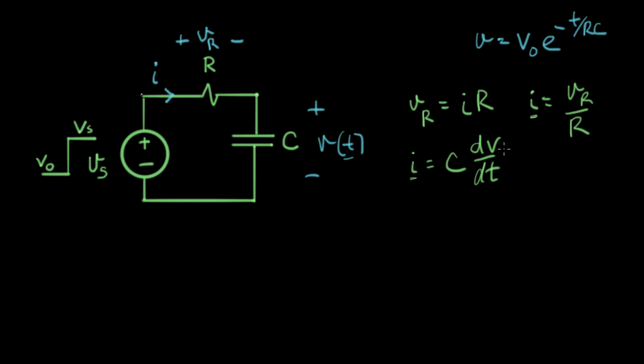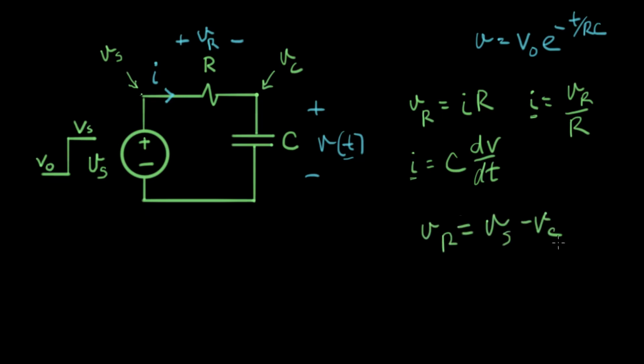We have regular V that's across the capacitor, and we have V sub R. So let me see if I can write V sub R in terms of V. One thing I can tell from this circuit is that this point right here is Vs, and this point right here is Vc. So I can write VR equals Vs minus Vc. All right, that's going to be useful.